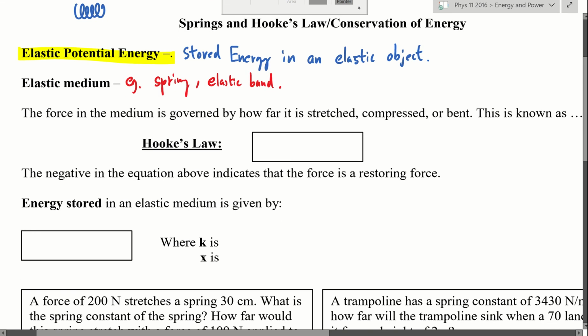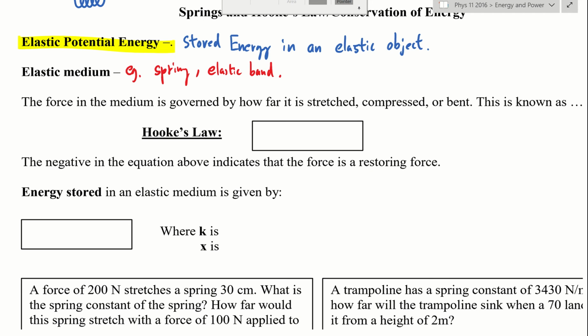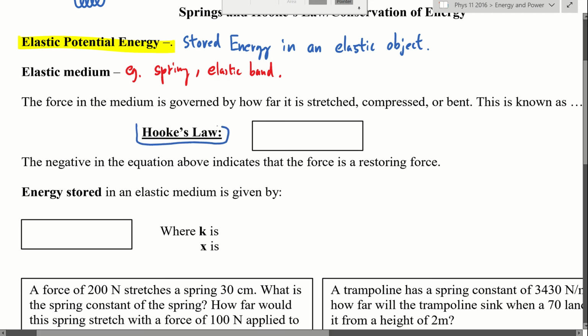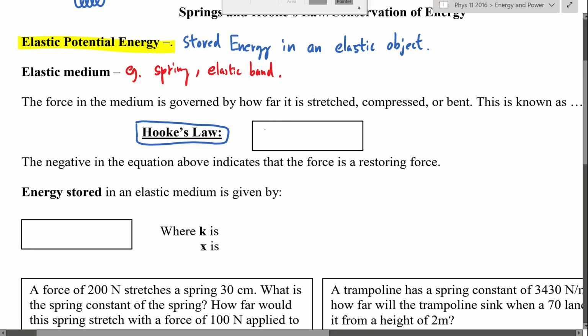The amount of energy that you can store in it is governed by something called elastic force. Hooke's law was developed by Hooke, a scientist back then. We name it after him to describe the amount of force we can store in a spring or an elastic band.